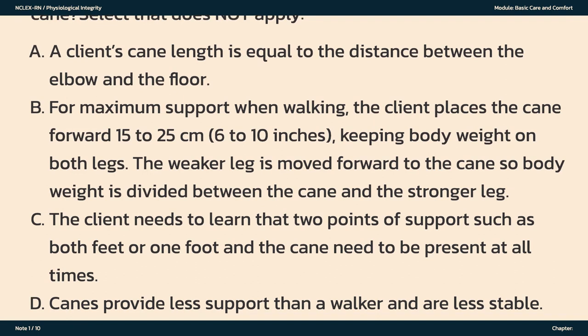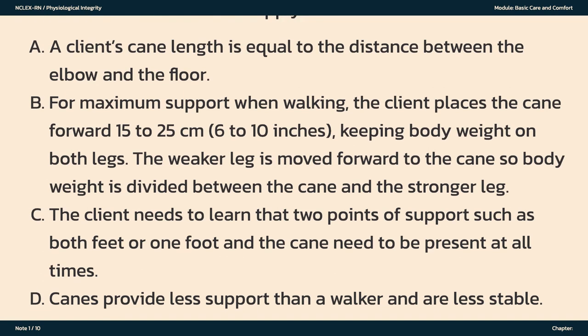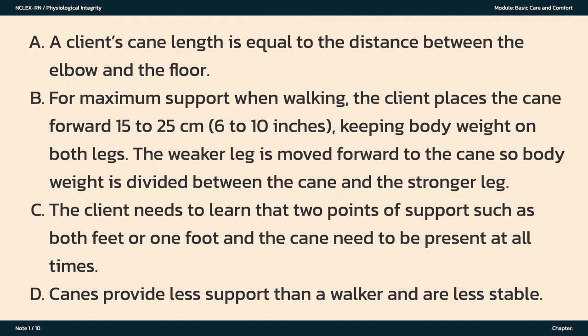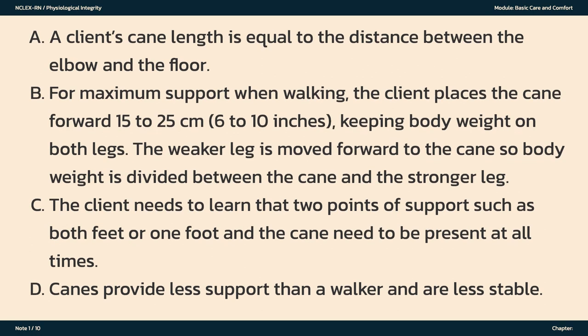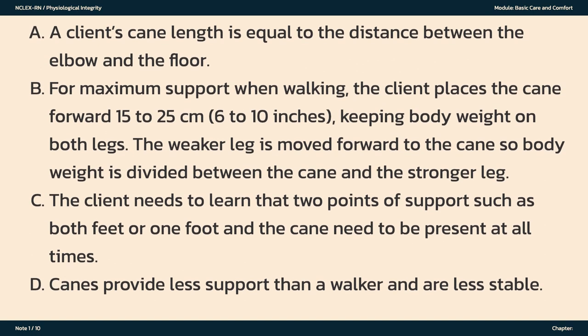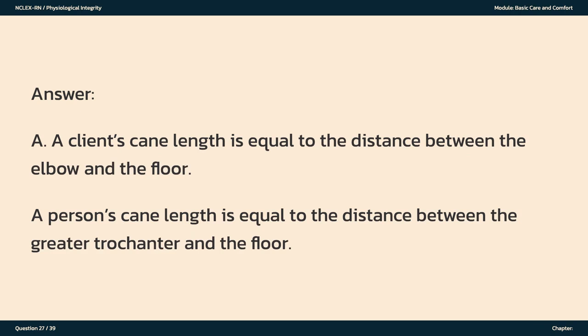C. The client needs to learn that 2 points of support such as both feet or one foot and the cane need to be present at all times. D. Canes provide less support than a walker and are less stable. The answer is A. A person's cane length is equal to the distance between the greater trochanter and the floor.